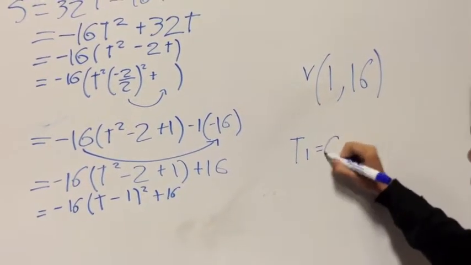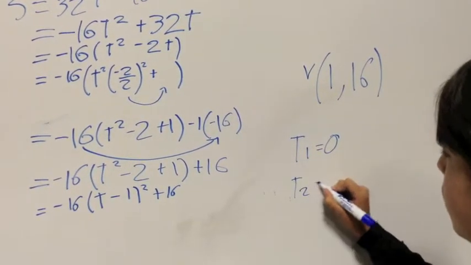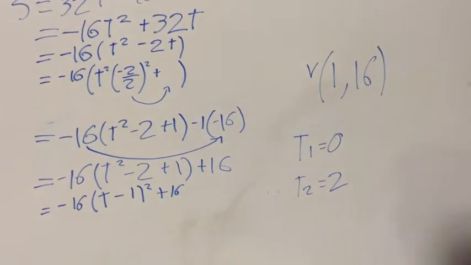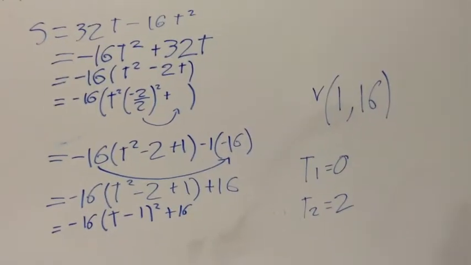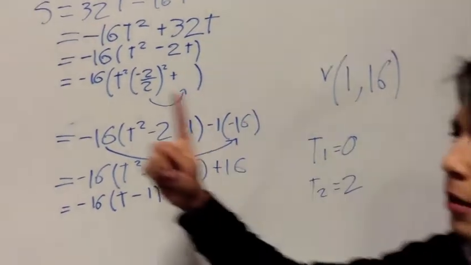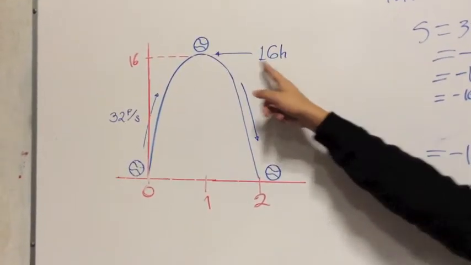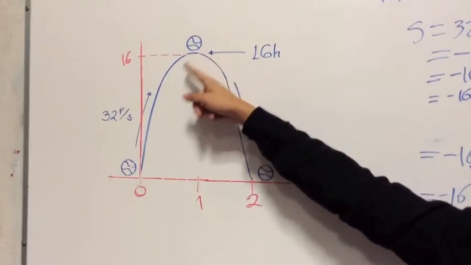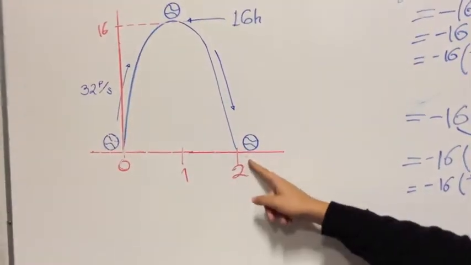So we have our t1, that is 0, and our t2, that is 2. These are for graphing, so we get to our graph. Here it is explained that 16 is the maximum height the ball reaches at the vertex, and it touches the ground in 2.